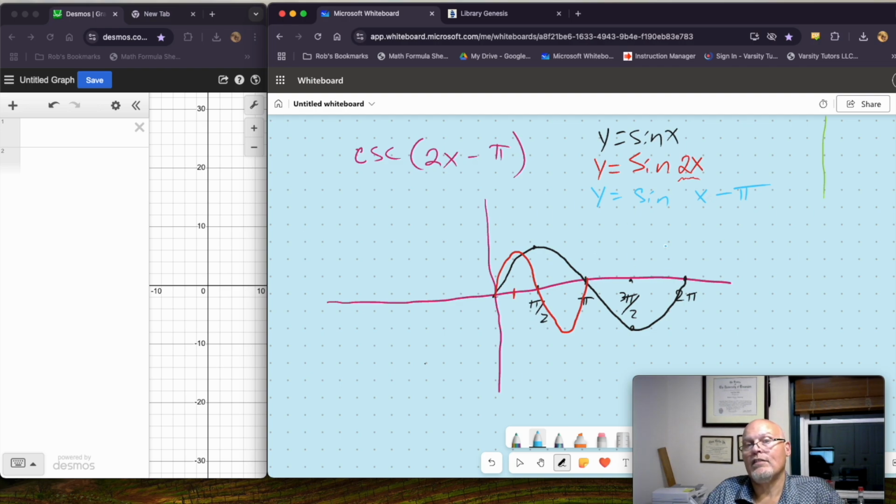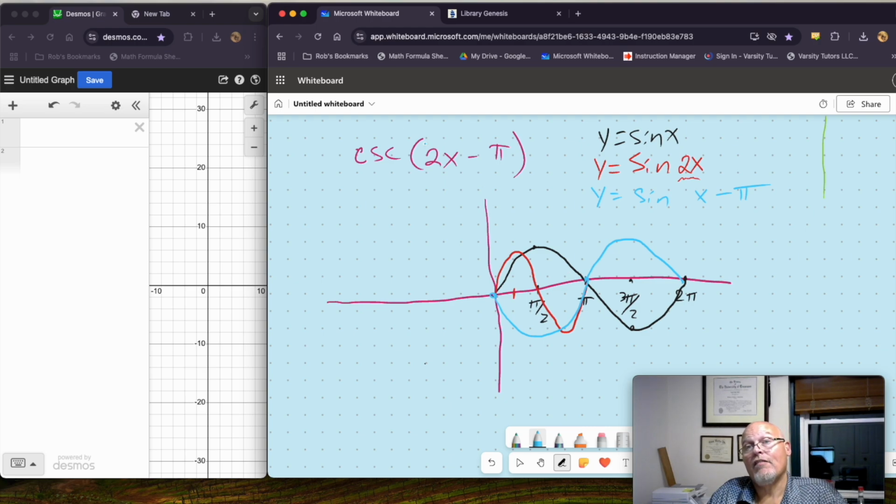For the full period, if I don't have this 2x, then instead of being at 0 going up, now at pi I'm at 0 going up. So this is basically going to be the same as the inverse of sine, because at pi it's 0, and at 0 it's negative pi, which is also going to be going down. So that's going to start from here and go like that.